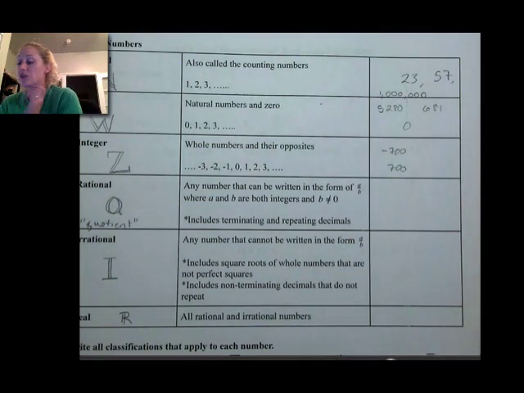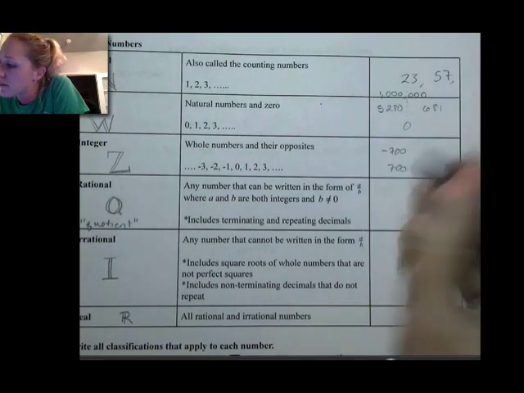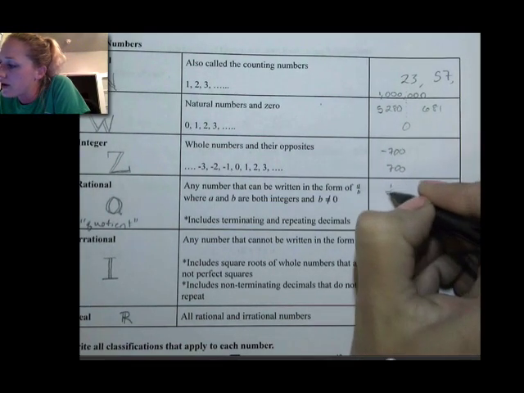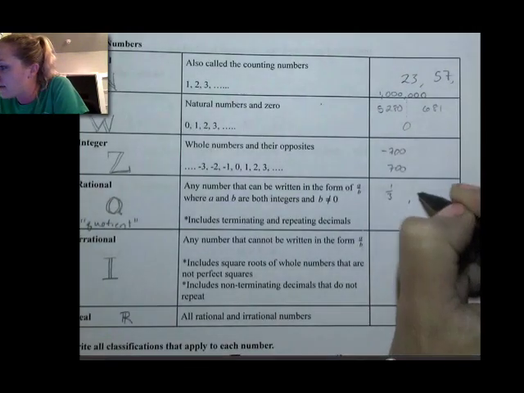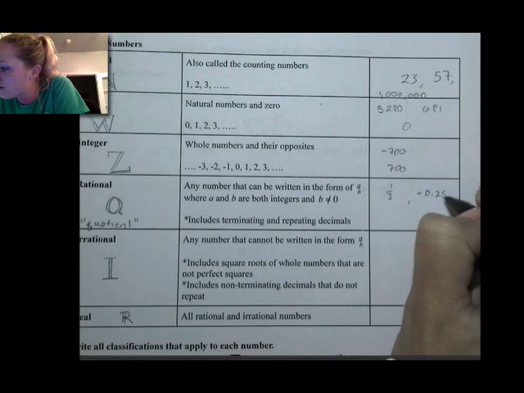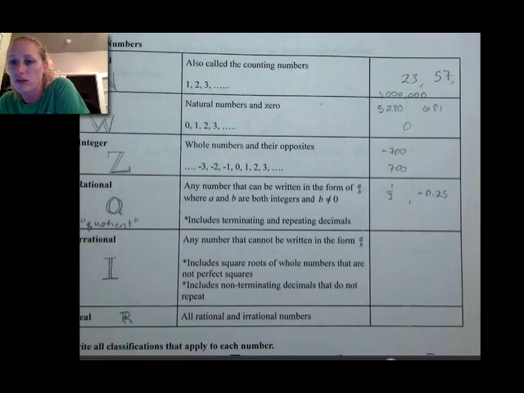Okay, rational. So this is fractions, decimals, as long as the decimals end, or they're repeating. So either one. So 1/3. I could also have positive or negative here. So like negative 0.25. This decimal ends, so it is rational.